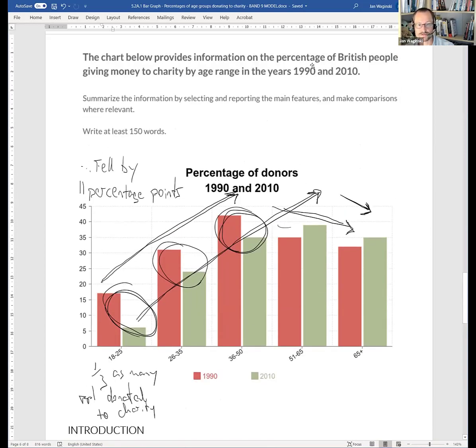The chart below provides information on the percentage of British people giving money to charity by age range in the years 1990 and 2010. For this part, you can also include, for example, always look at the y-axis and the x-axis to see if there's any additional information that you can include. People often ask, how do you get higher than band 7 on task achievement?